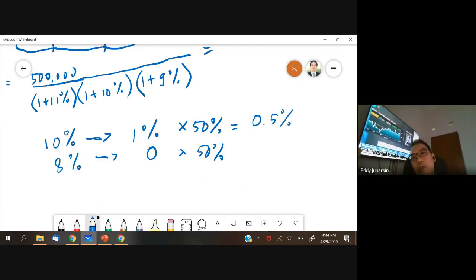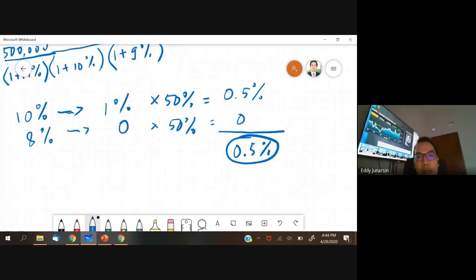So 0.005, yeah, 0.5%, and this is nothing, right? So if you find the weighted average, this would be 0.5%, right? Okay. So this would be the weighted average benefit that you will get in the second year.